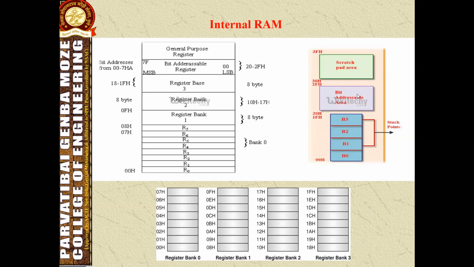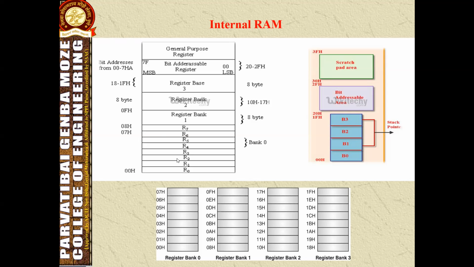The first group contains 4 register banks: B0, B1, B2, B3. These are the register bank group, the second one is called the bit addressable group, and the third one is the scratch pad, or we can say general purpose RAM area.